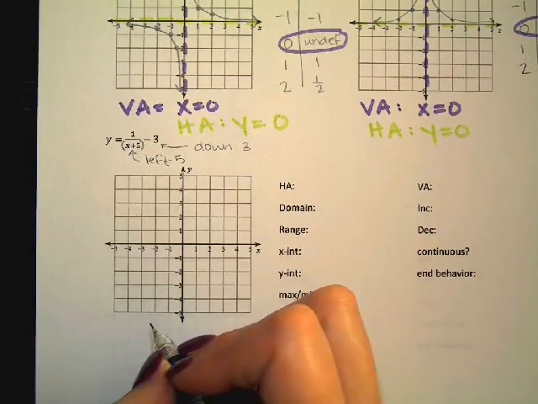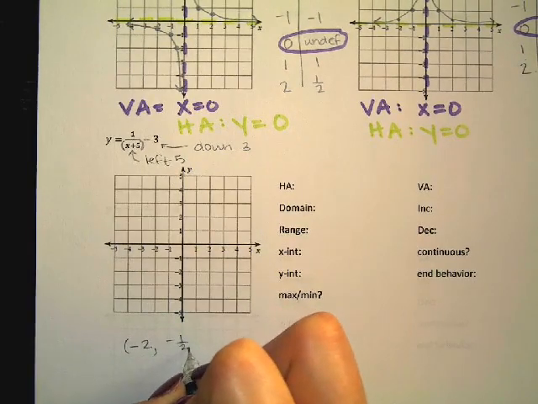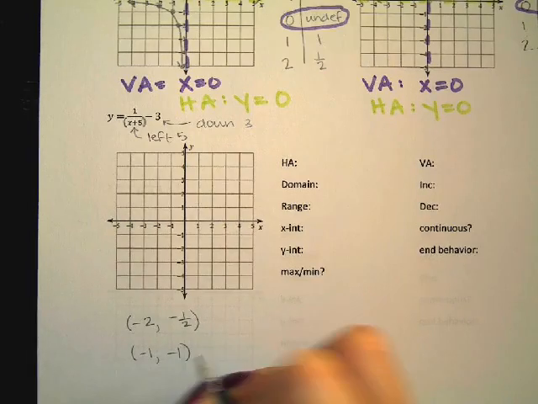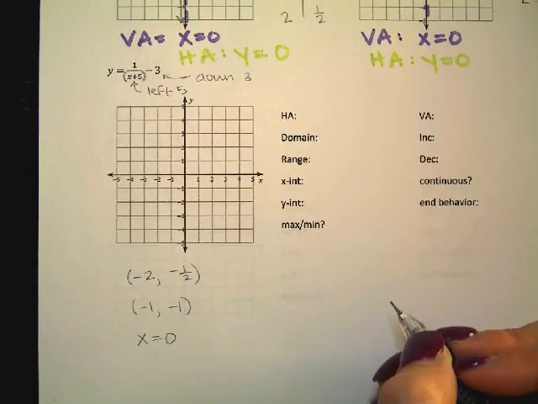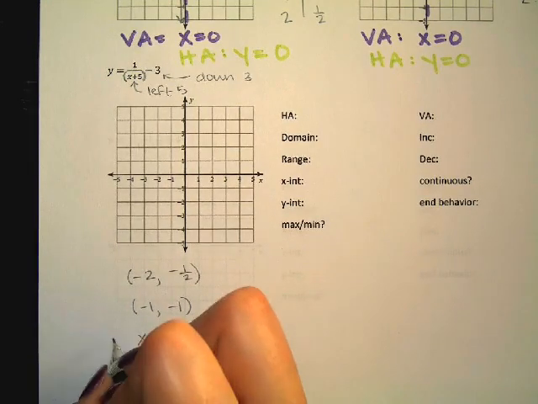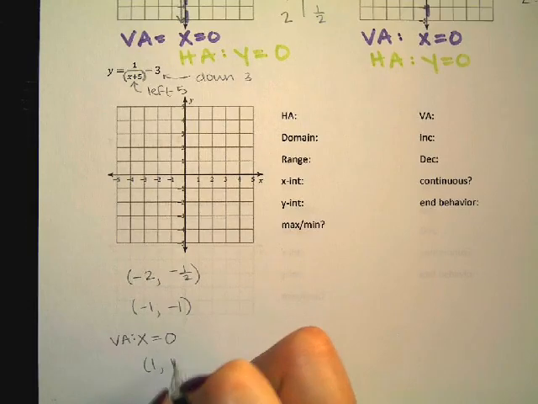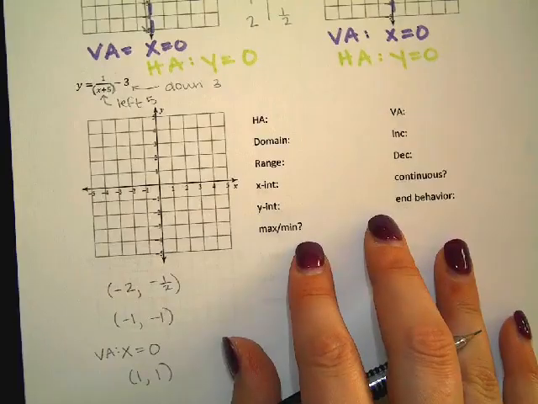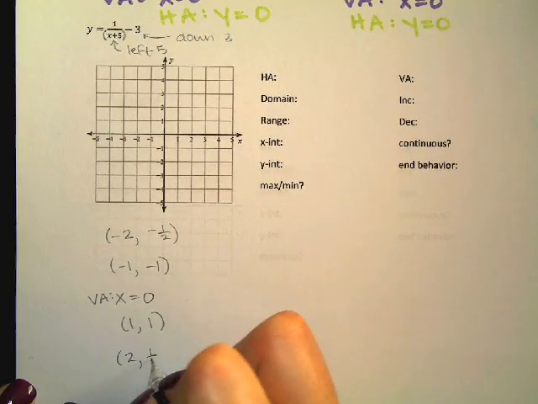Right, so if I start off with my points, -2, -1/2, -1, -1, a vertical asymptote at x equals 0, 1, 1, and then 2, 1/2.